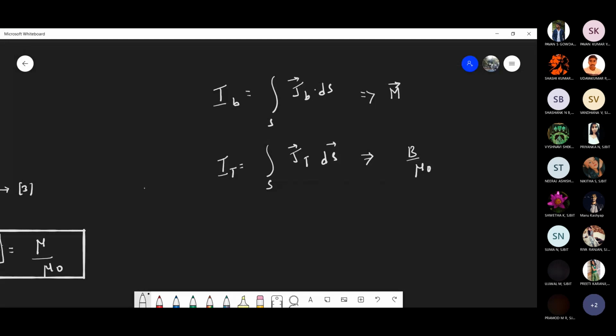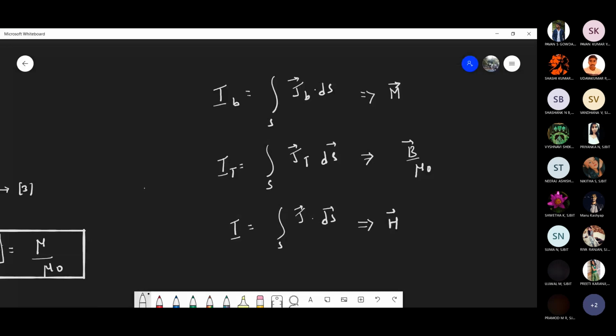And what is I? That is free current. I is equal to surface integral of J into dS. This is with respect to the magnetic field. So just refer to your equation 1. You will find these coefficients.